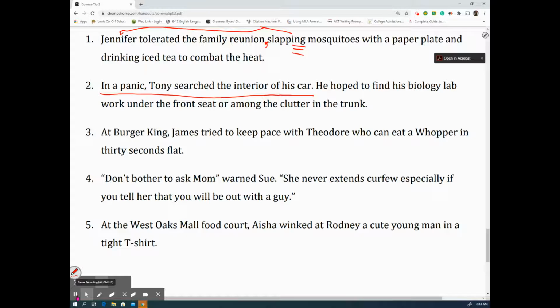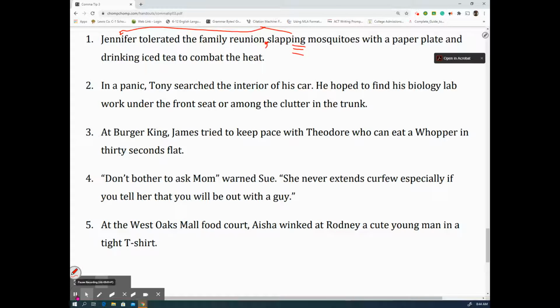What happened in this sentence? He searched his car. Okay. So Tony searched the interior of his car. There's nothing after it, nothing interrupting it. This doesn't require any comma, right? They put it here, I don't know that you needed that there since it's only 3 words long, but whatever. So nothing was needed there.